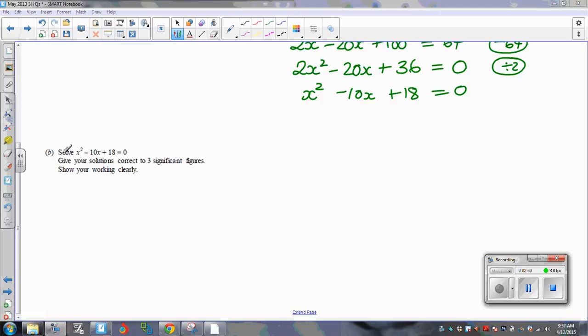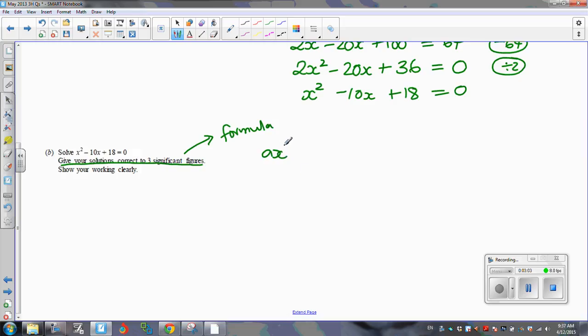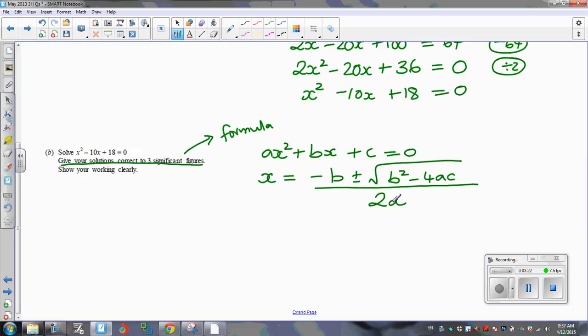Okay, the clue into how to solve this quadratic equation is in this line here. Give your solutions correct to three significant figures. That always tells us that we need to use the formula. And the formula given to us in the front of the paper tells us that if our quadratic equation is ax squared plus bx plus c equals 0, then the solutions will be given by x equals minus b plus or minus the square root of b squared minus 4ac, all divided by 2a.